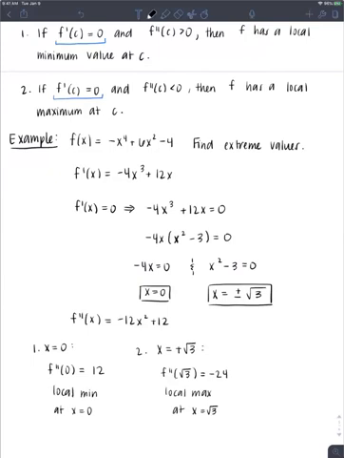And then when I plug in the third one, x equals negative square root 3, I get the same thing of negative 24. So here you get f double prime of negative square root 3 equals negative 24, so I have a local max at x equals negative square root of 3.